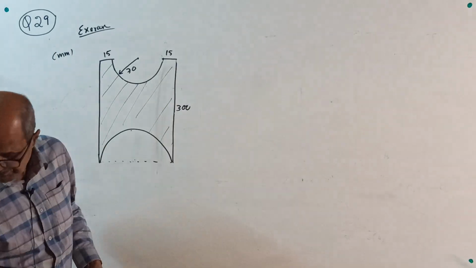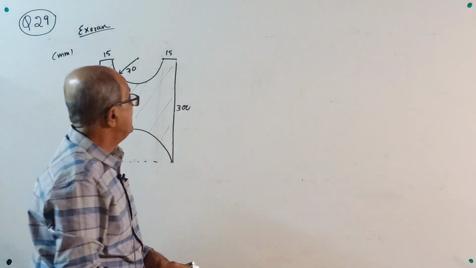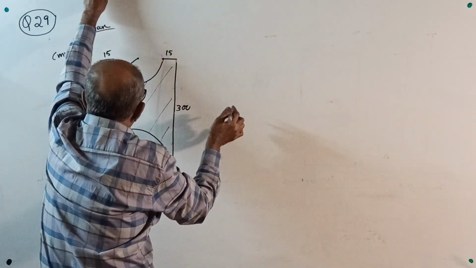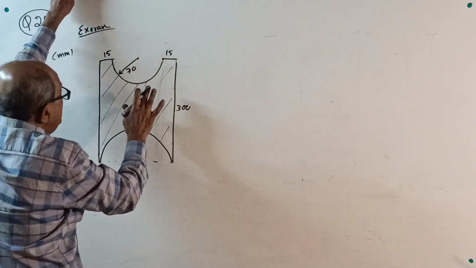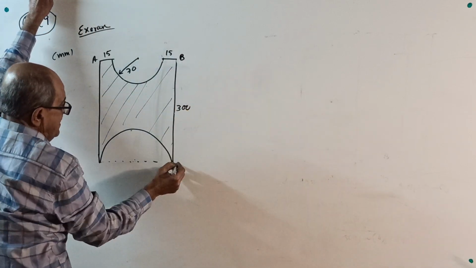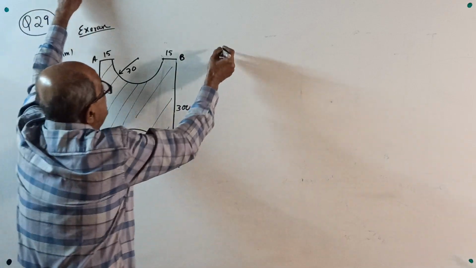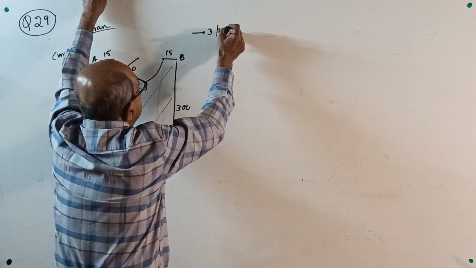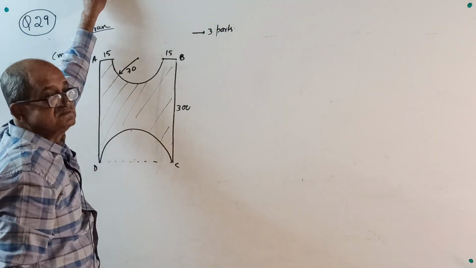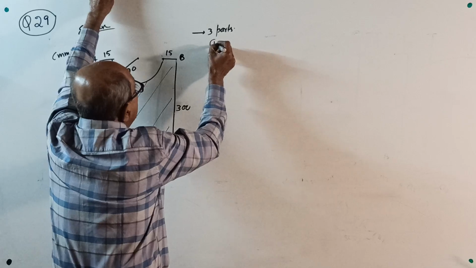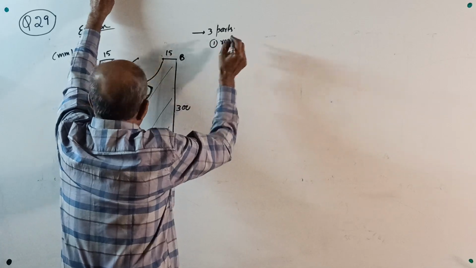Now, see how to find it. First of all, make a note. Now, I will take ABCD here, just to understand. Divide into 3 parts. Part 1 is a rectangle.